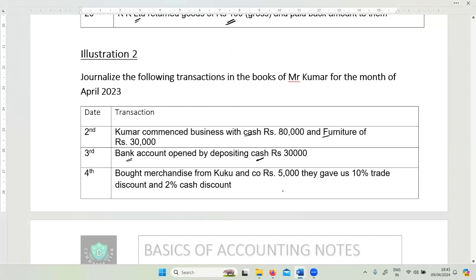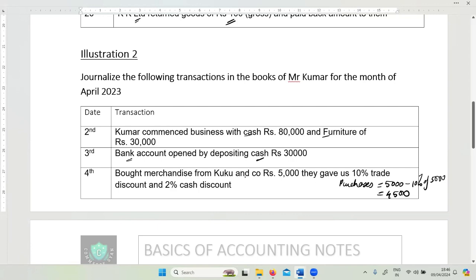So how much is the actual value of the purchases that we are making from Cuckoo and Company? It is 5,000 less 10% of 5,000, which is 500. So purchases that we will be making will be equal to 5,000 minus 10% of 5,000, which is the discounted amount, which is 4,500, correct?